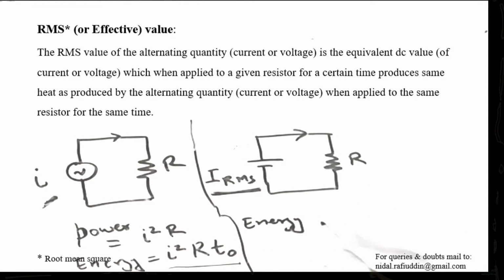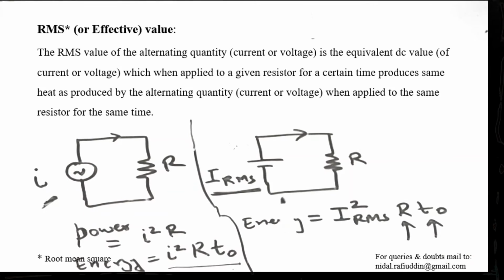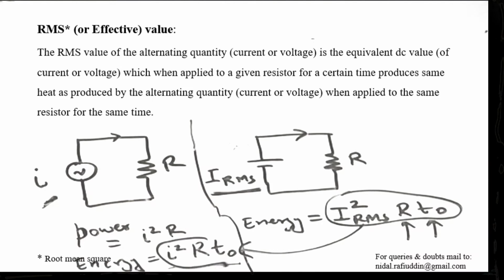So the energy dissipated in the circuit, which is I RMS, the DC value, squared R T naught. So this resistor is the same, the time is the same. So the condition for the DC value to be the RMS of the AC source is that this amount of energy should be equal to the energy dissipated by the alternating current. So let's say this is energy AC and this is energy DC.